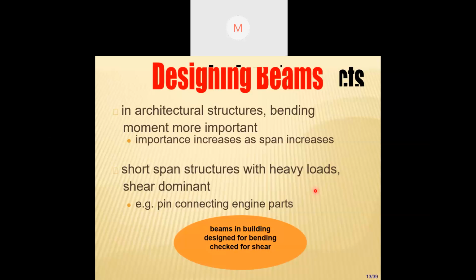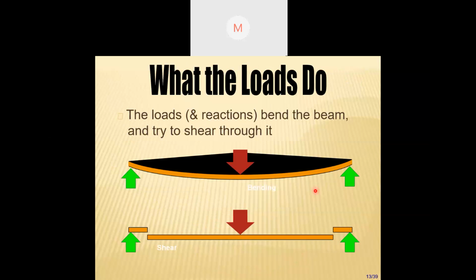Now look, once the loads are applied, what does the load actually do? If load is applied on a beam, what happens to the structure? You may be asking that question. The main things that happen are bending, can you see the word bending here, and shear.